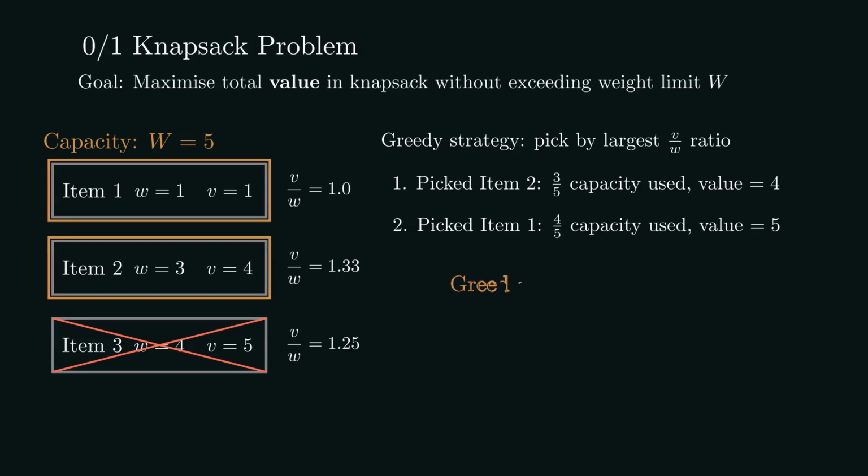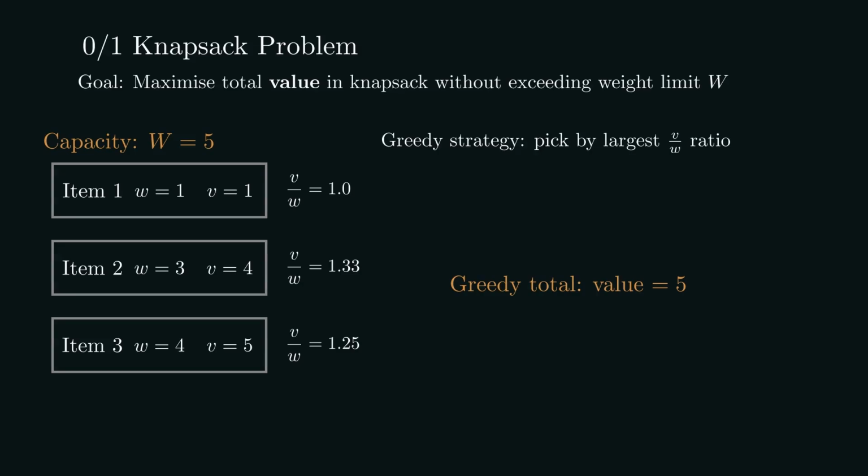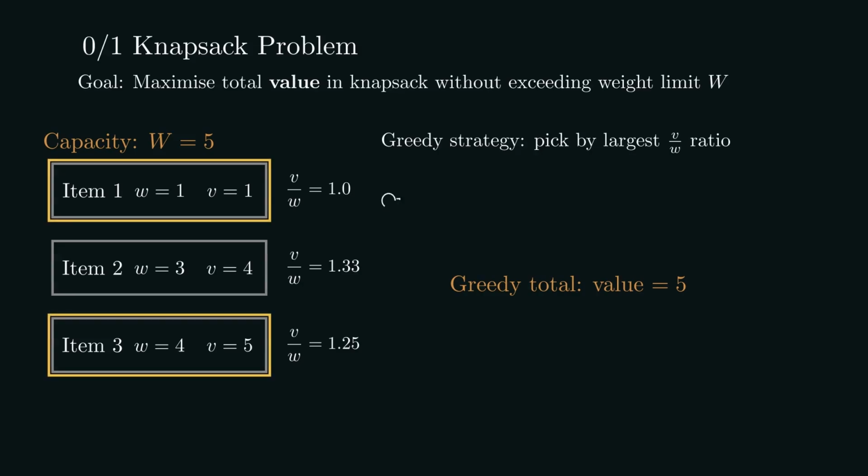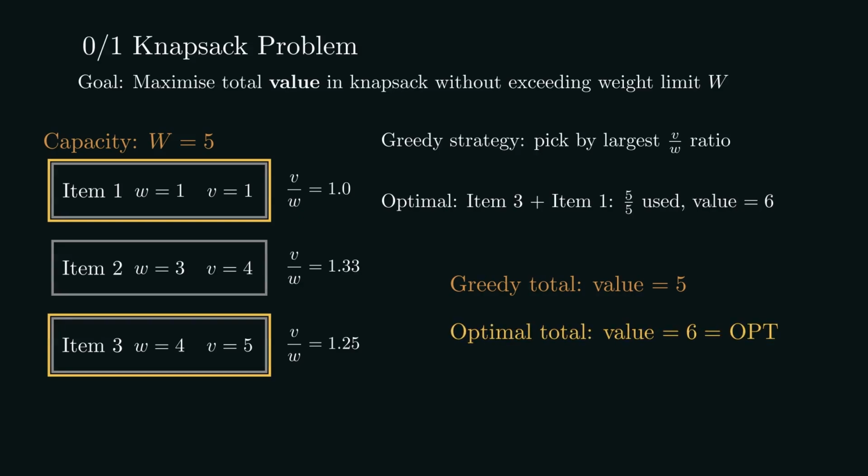And this gets us a total value of 5 for the greedy solution. The optimal solution, however, gets a value of 6 by picking item 1 and 3, so we know that the greedy strategy doesn't always get an optimal result in this problem.